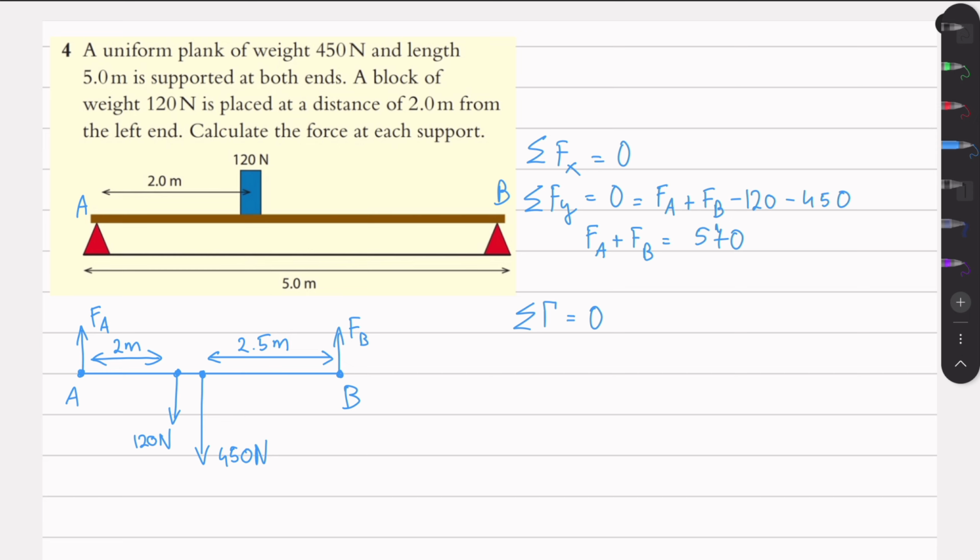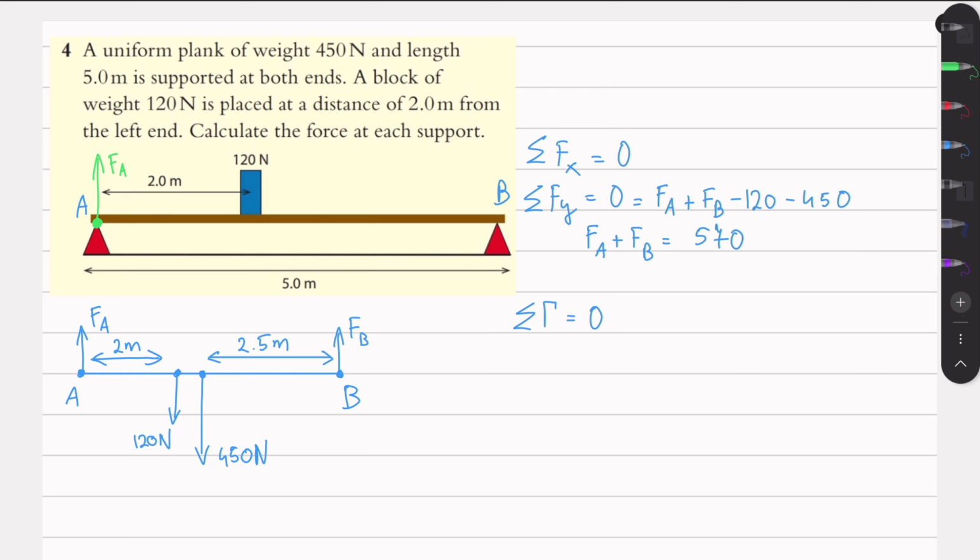Usually if we think a little bit, then we can choose these points very smartly, because what we know about torques is that, for example, if we take this point as the pivot, point A, then any force that passes through the pivot will not supply any torque. So for example, if we take the pivot at A, then the force at A is not going to create any torque around that point. It will not make point A rotate.